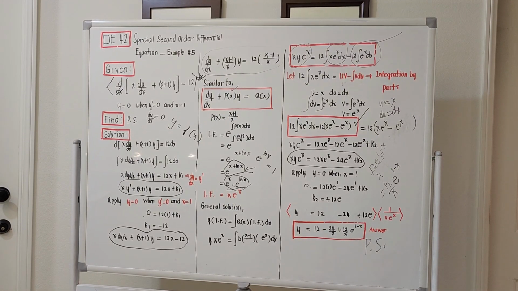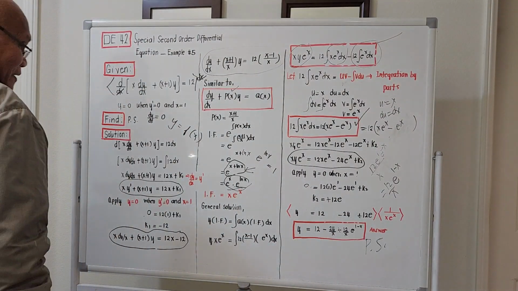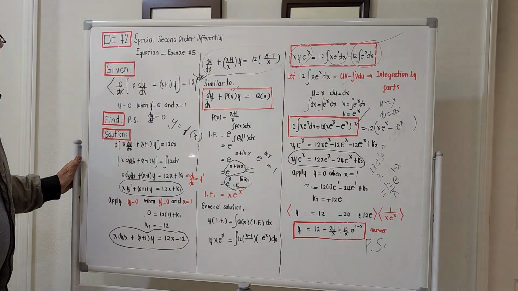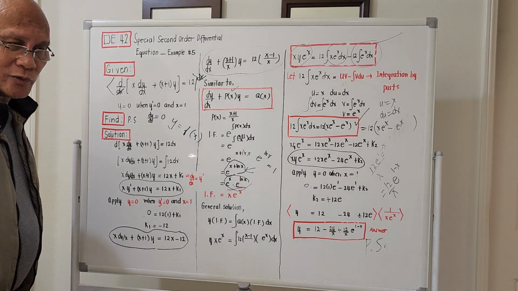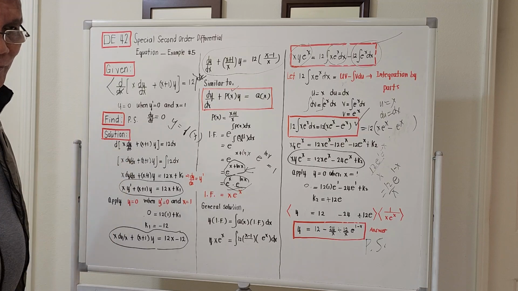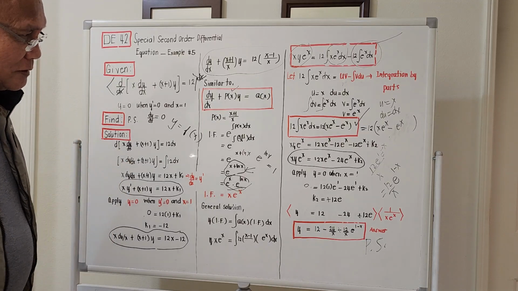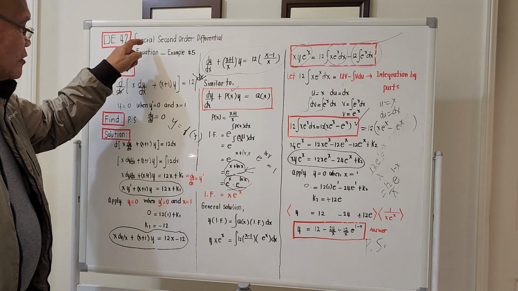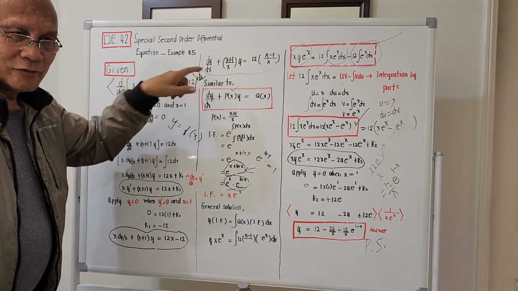That's it, guys. So it seems we solve the second order differential equation, then we go back to first order differential equation, and it falls under the so-called solution by using integrating factor. So that is a special case of second order differential equation.